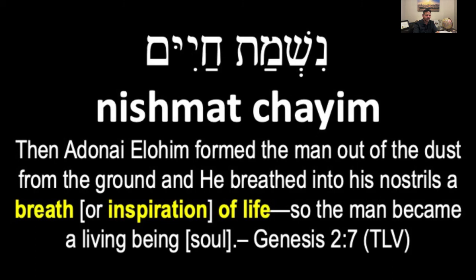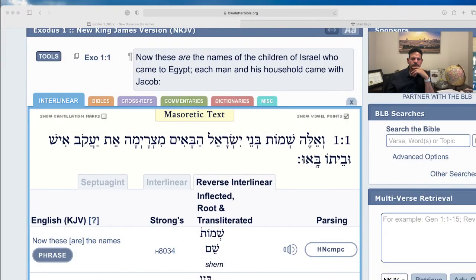Now, I actually want to see if we can go for a second to Blue Letter Bible, and I know some of you on Zoom might have some questions, so feel free to unmute if you have questions as I go through this. Not sure if Joseph is with us or not.